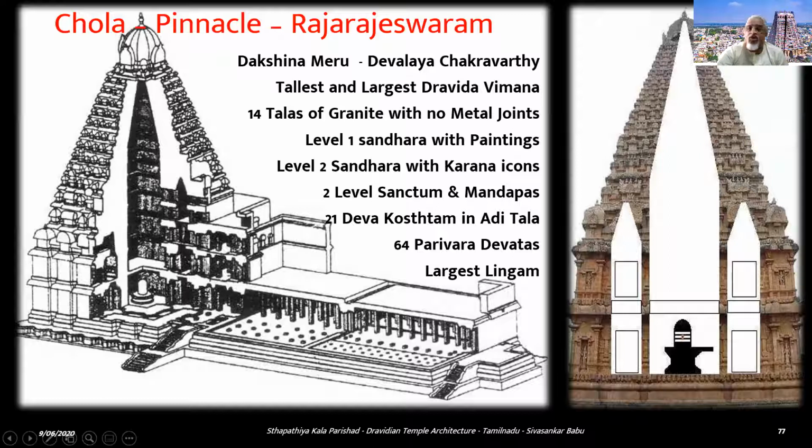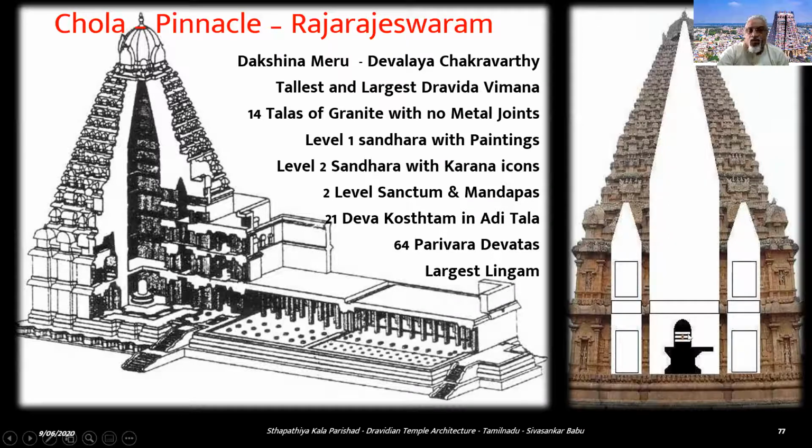It is pure precision work with structural interlocking between the members. We have two levels of Sandhara, and the first level of Sandhara here has got sculptures and paintings, and the second level Sandhara here has got the Karanas, the 108 Karanas dance sculptures.